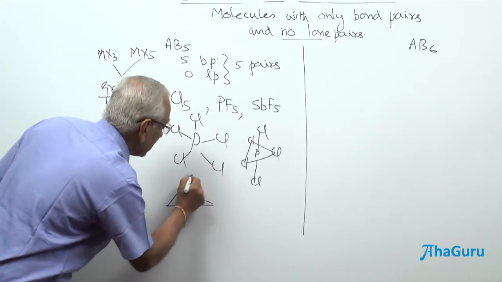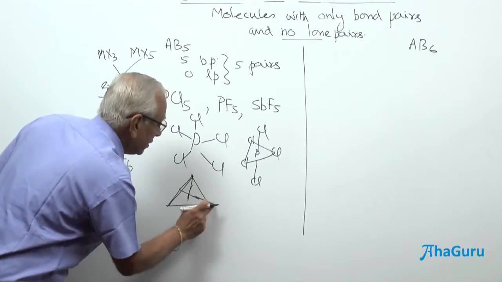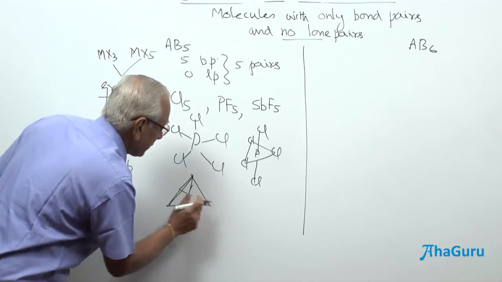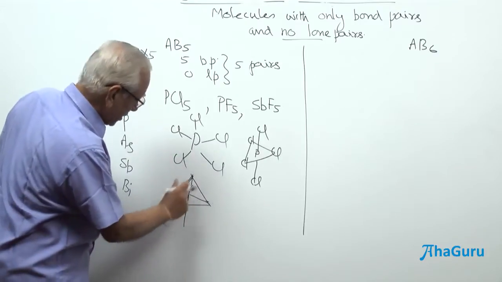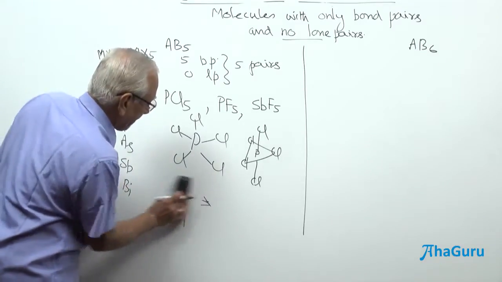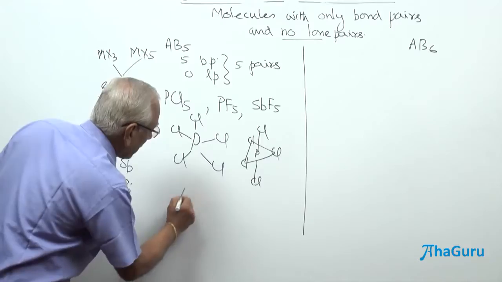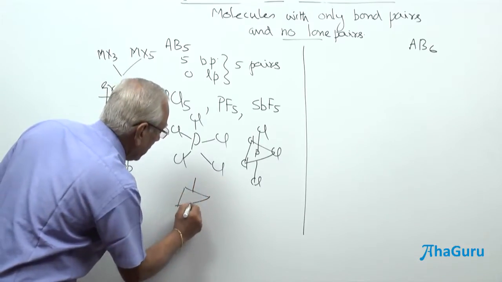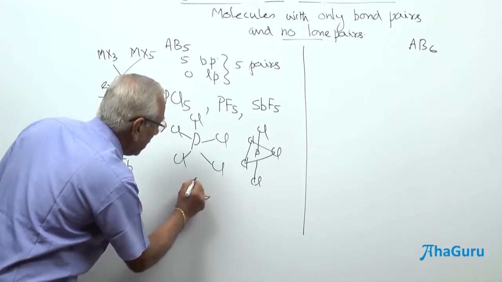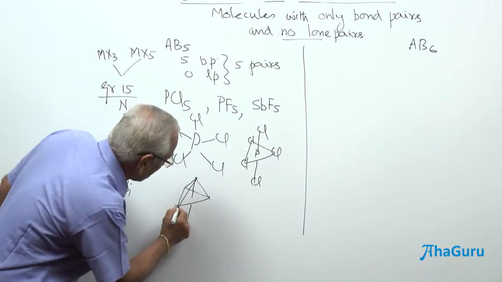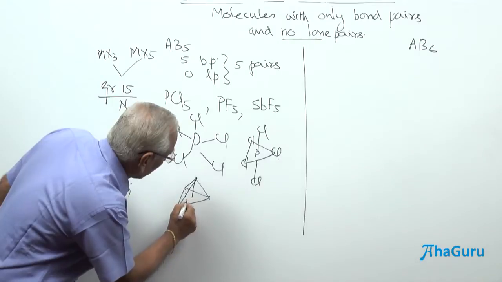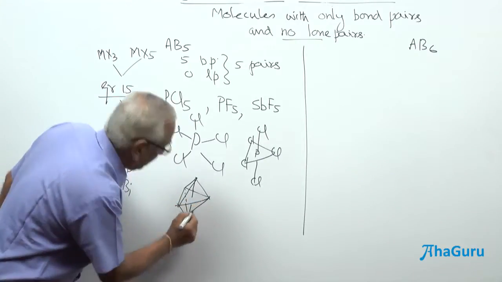Now you see here, what is this shape here? It's going to be a trigonal pyramid. Are you able to see a pyramid here? And similarly, you will have one more pyramid here at the bottom.